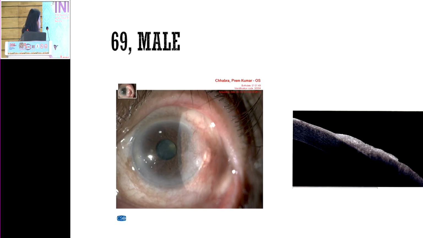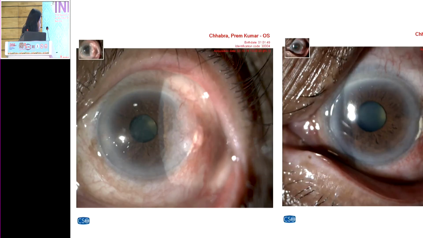This is another patient, a 69-year-old male, who presented with a small, translucent mass. We did an OCT and found again a hyperreflective zone at the limbus. The patient was started on MMC again. There was a distinct response to MMC, but the patient was lost to follow-up, and he thought that the lesion had resolved.